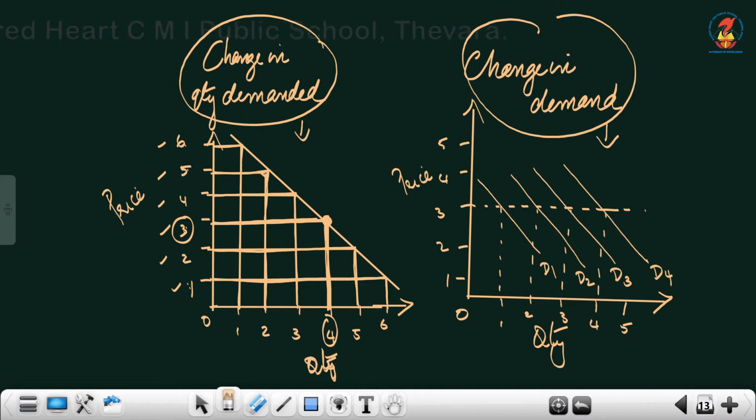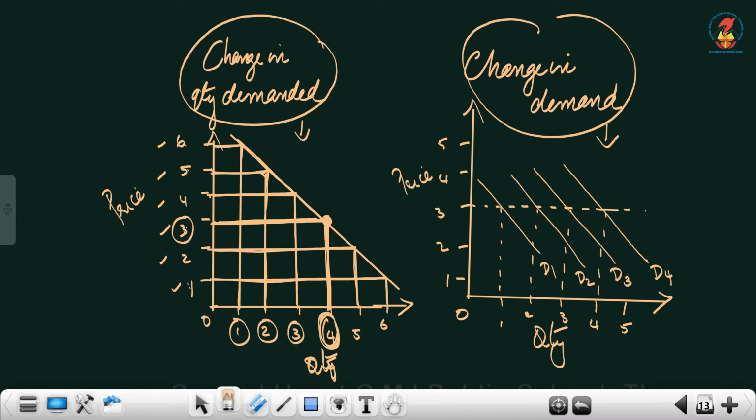Now to the left of this price 3, that means here to this part, we can find the price is going on increasing, isn't it? 3 to 4, 4 to 5, 5 to 6. As a result, what is happening to the quantity? Just below that you can find this is 4 kilograms respectively to the price 3. Below that what is happening? The quantity is decreasing, going on decreasing.